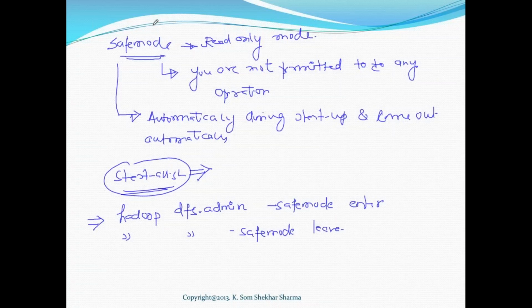So the safe mode is basically read only mode. Now, what will happen if the secondary name node is not running? If the secondary name node is not running, then there is as such no problem with respect to your functioning of HDFS and YARN. There is no problem.